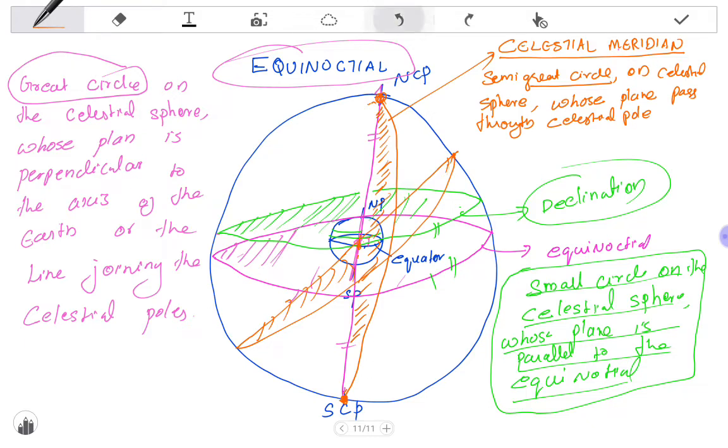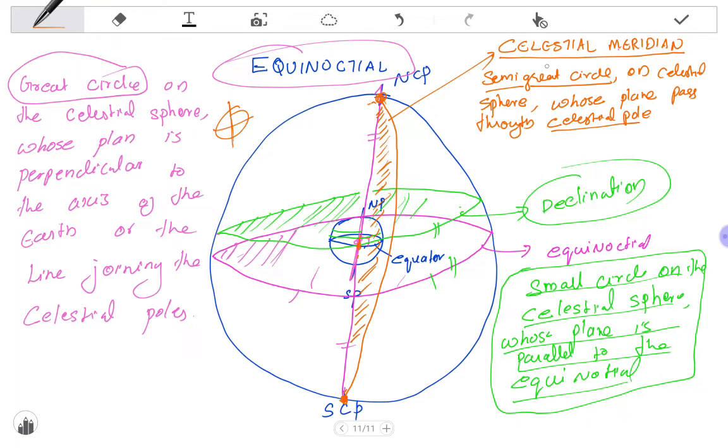No. So if it has to be a meridian, that semi great circle has to pass through the celestial pole. That's why I wrote celestial pole here.